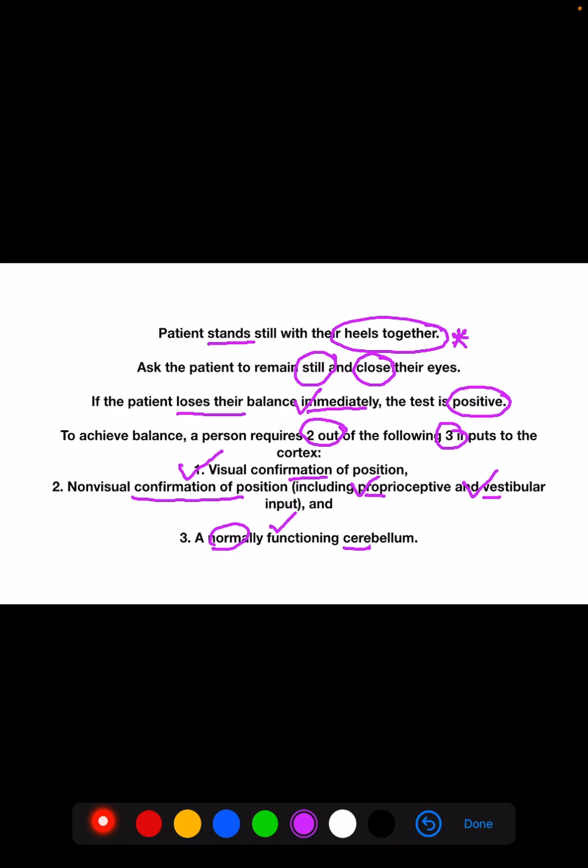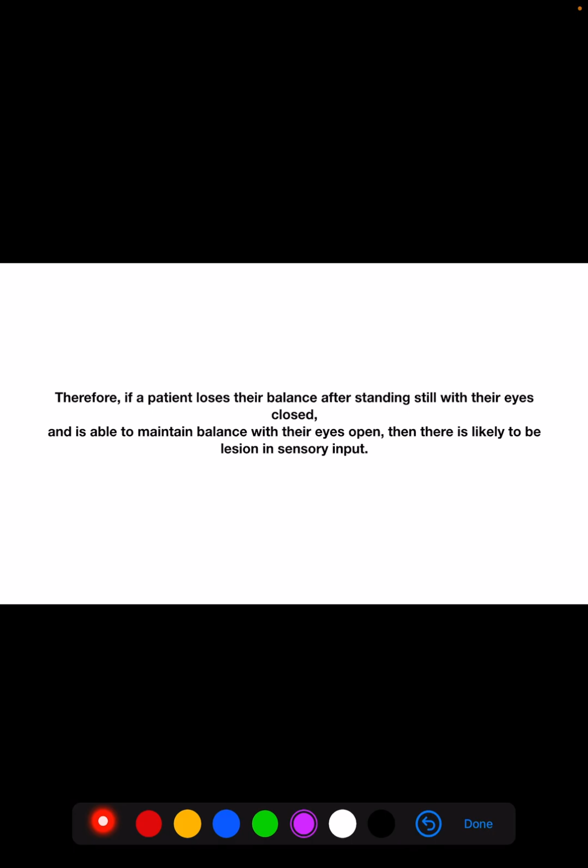So one is visual confirmation of the position, another is non-visual confirmation, like proprioceptive and vestibular input, and the patient also requires a normally functioning cerebellum.